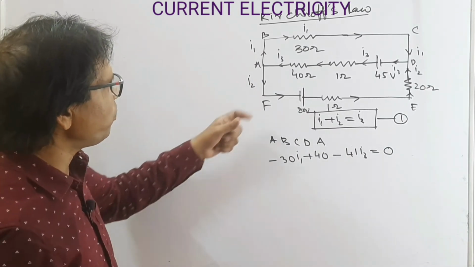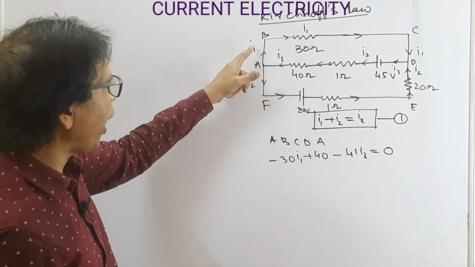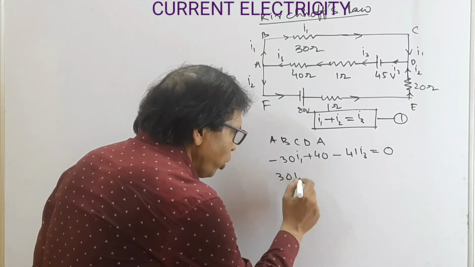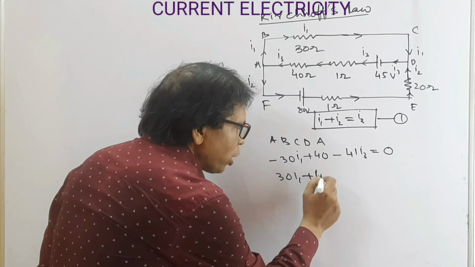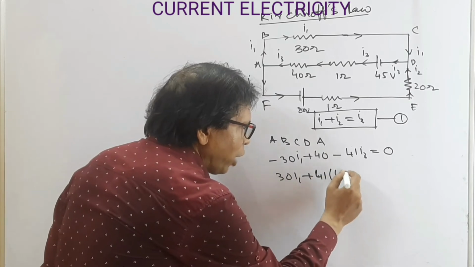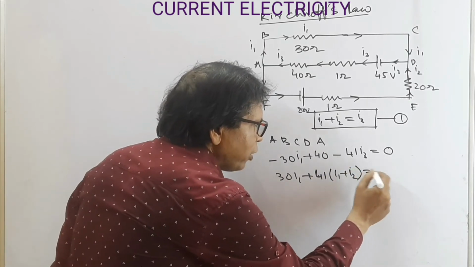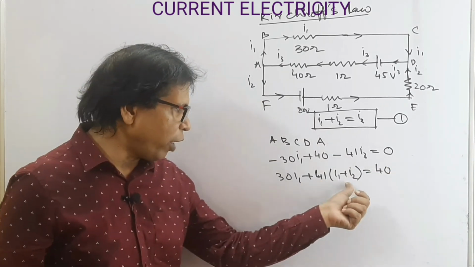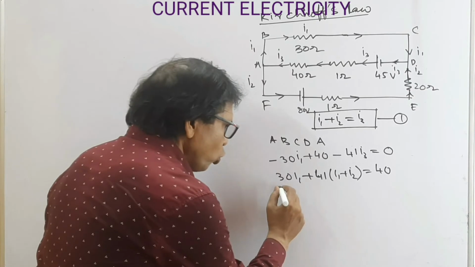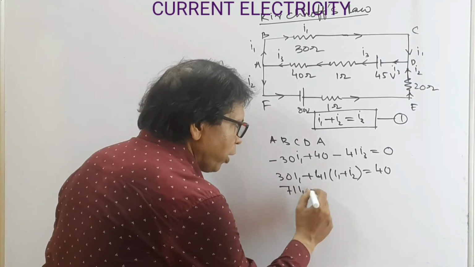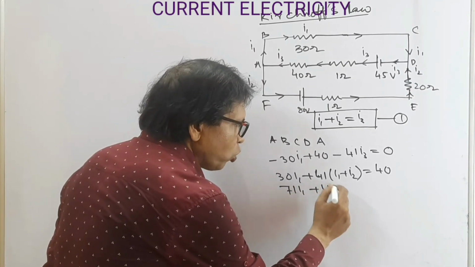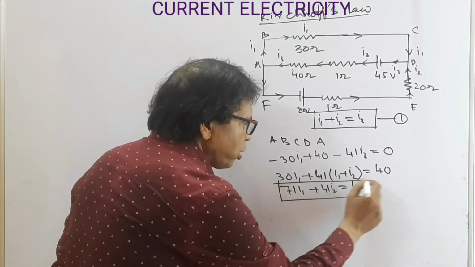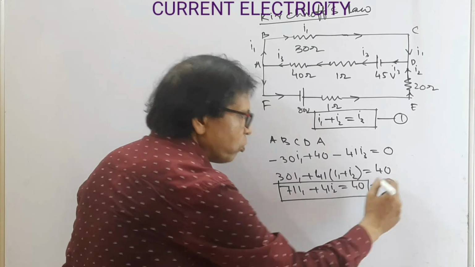Now I3 equals I1 plus I2. So this is 30 I1 plus 41 I3, I3 means I1 plus I2, and this equals 40. Now this is 41 I1 plus 30 I1, so this is 71 I1 plus 41 I2, this equals 40. Okay, this equation is equation number 2.